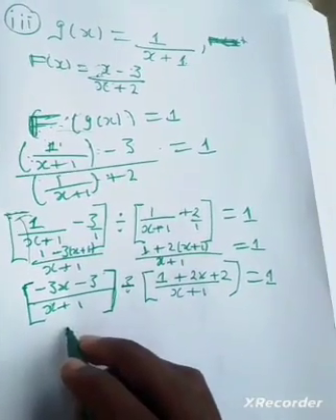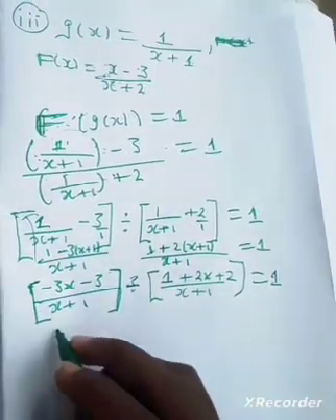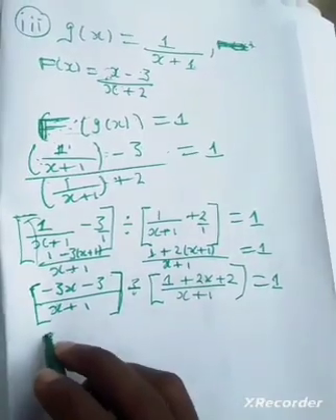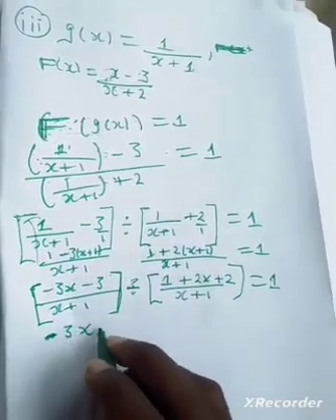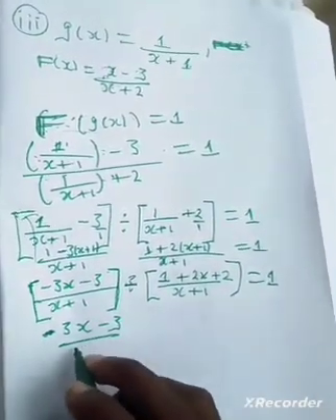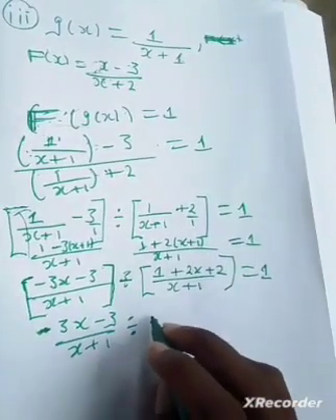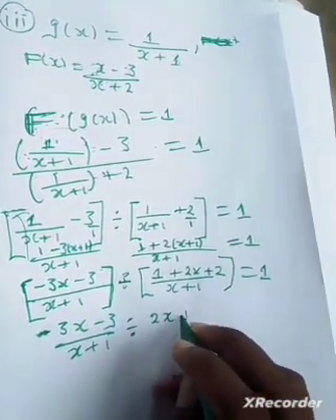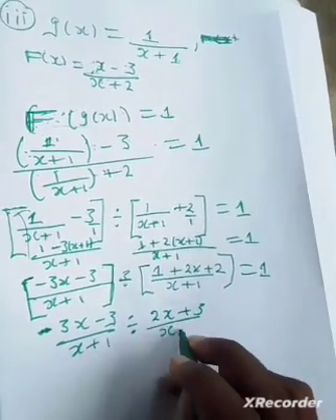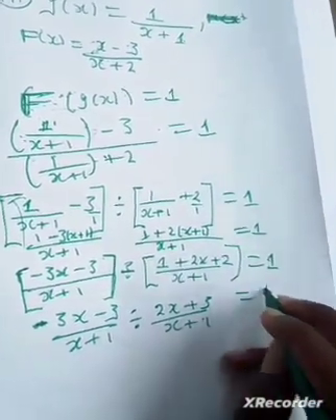So let me simplify this side. I have negative 3x minus 3 over x plus 1 divided by 2x plus 3 over x plus 1 equal to 1.